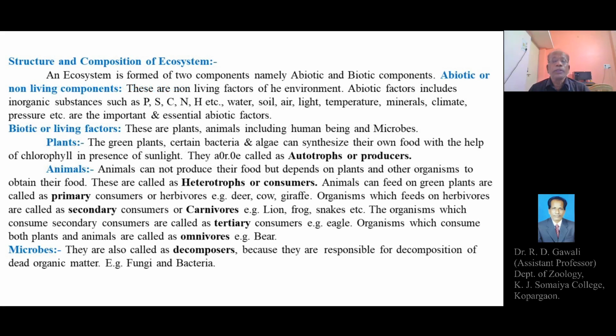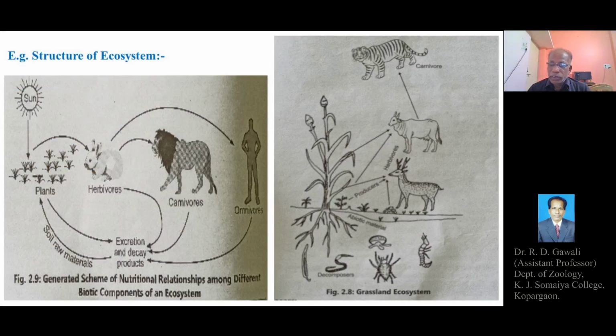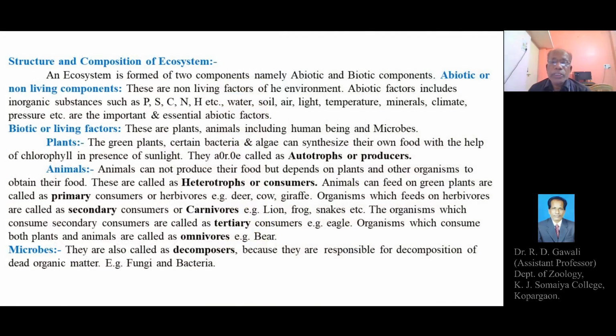Then, structure and composition of the ecosystem. We already know, and have explained several times, that any ecosystem, whether terrestrial or aquatic, has two main components, that is biotic and abiotic components.